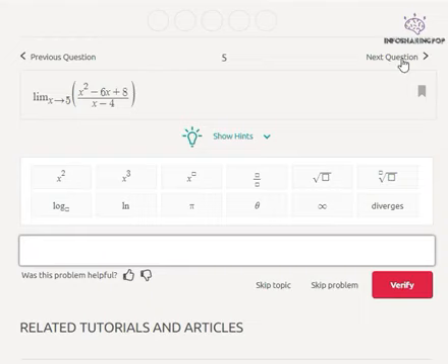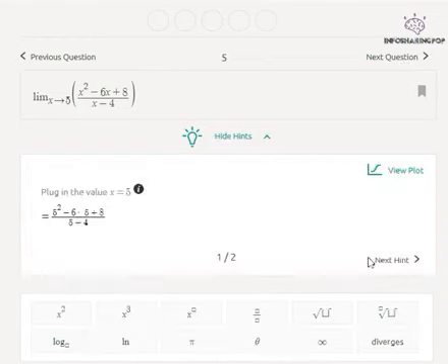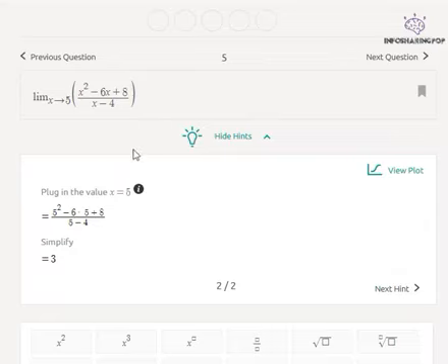Okay, now the next question will be a bit tougher. It's not so hard, but still level up a little bit. So we have the fraction of a polynomial: x squared minus 6x plus 8 divided by x minus 4, with x approaching 5.